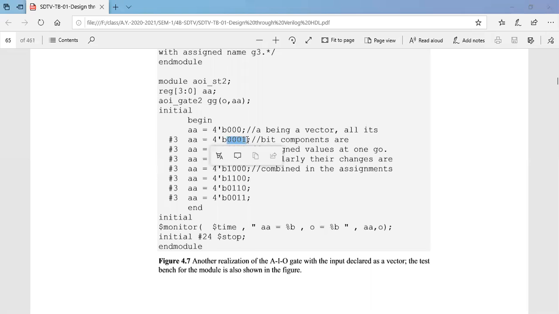Okay, after 3 time units, it is going to be 0 0 1 0. After that it is going to be 0 1 0 0. Okay, so since it is 4-bit, we can give any number of inputs, right?